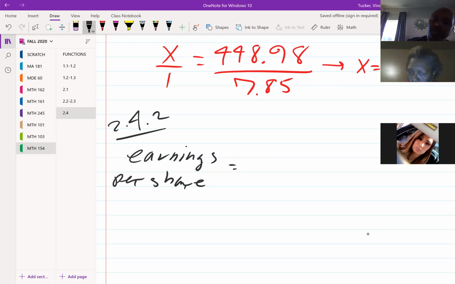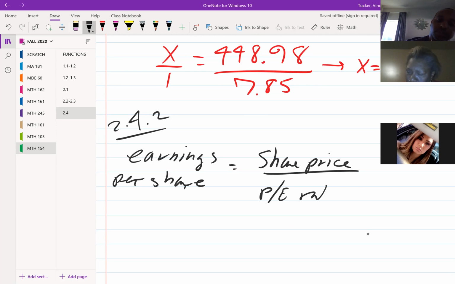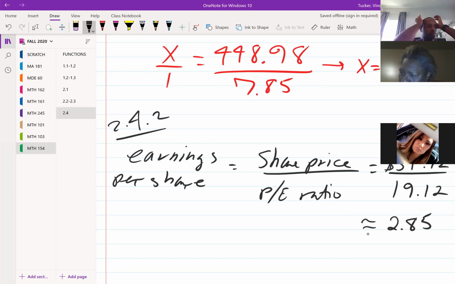So earnings per share is going to be share price over PE ratio. So I have 54.12 over 19.12. So mine's approximately 2.85. And that is A. How much were earnings per share? So that was A for us.